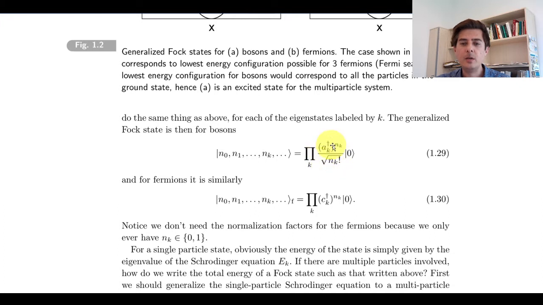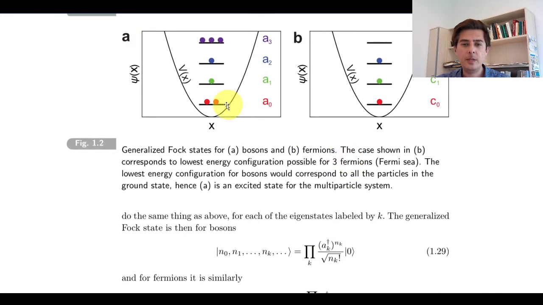define different bosonic operators for each level, each spatial state, within which the bosons are indistinguishable. So we would write simply a Fock state for each of these levels. Let's get the pen here.